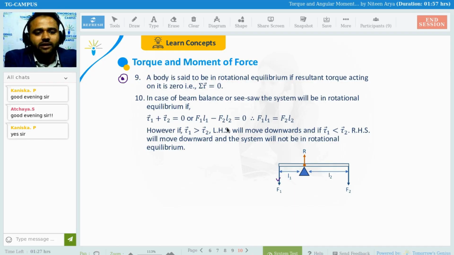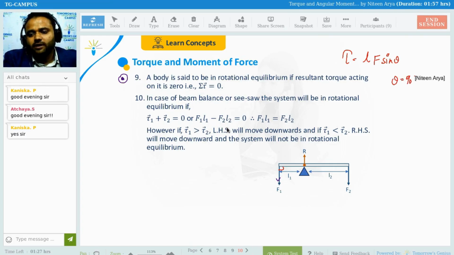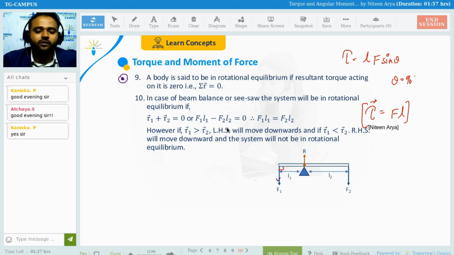Why? Because you can easily see the angle here is 90 degrees, and we know torque is L F sine theta. Here theta is 90 degrees. So directly we can write torque tau equals force into L, or L into F, whatever you want to write. Then torque tau 1, torque tau 2.